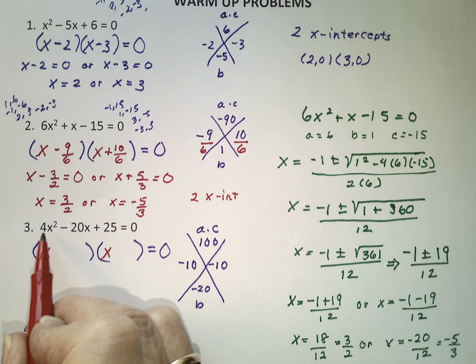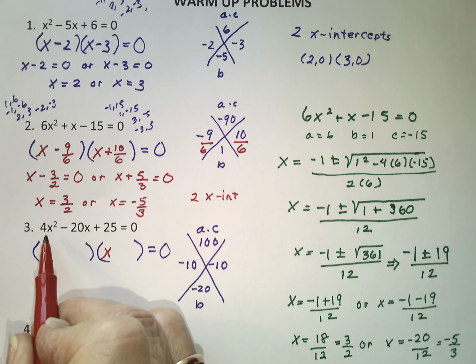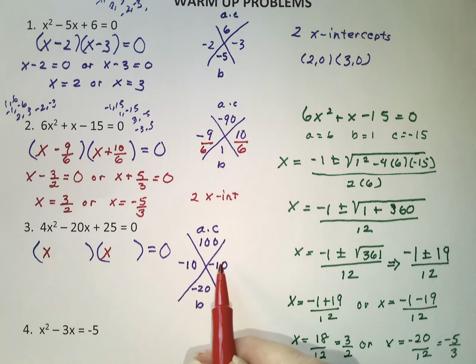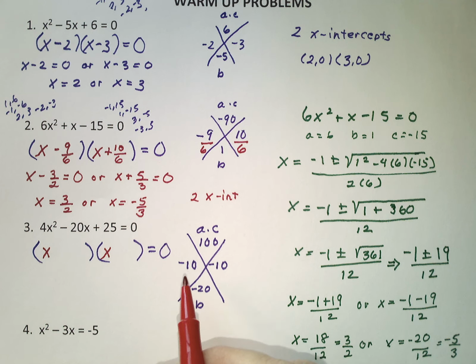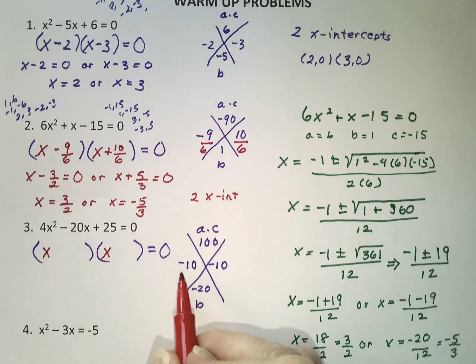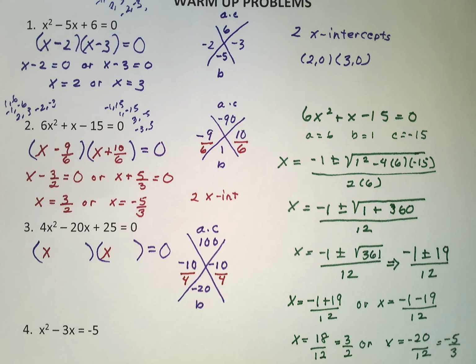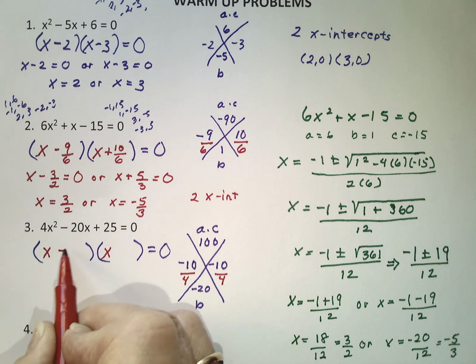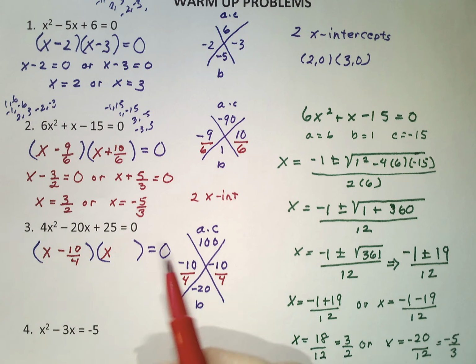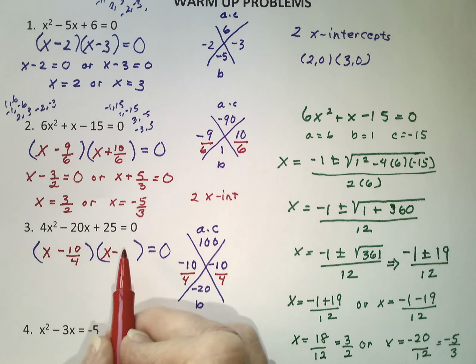Because we multiplied by a 4 to get these numbers, we can now compensate for that by taking the two numbers we got and dividing by 4. We multiplied by 4 here. To compensate, we divide by 4 here. And then those go directly into the parentheses.